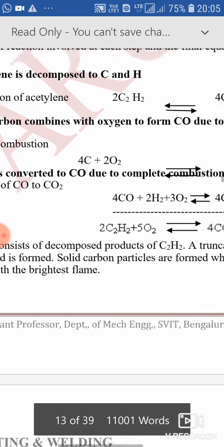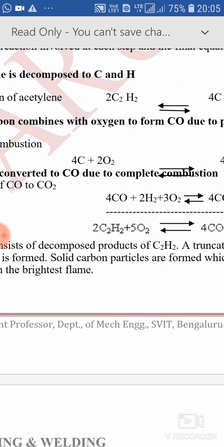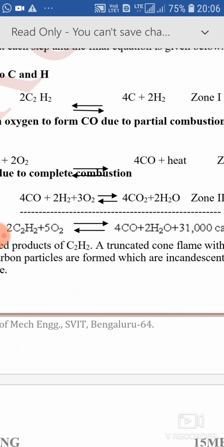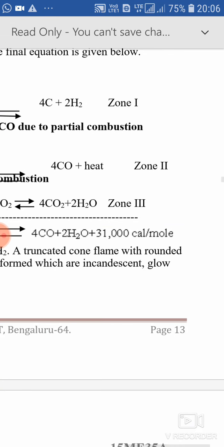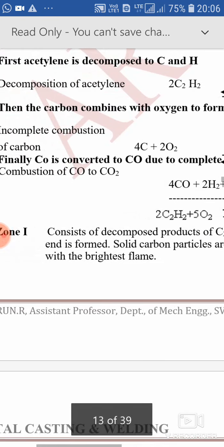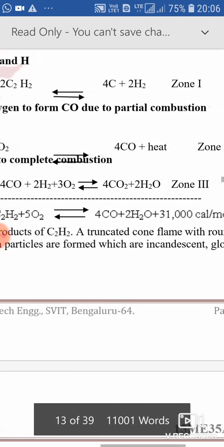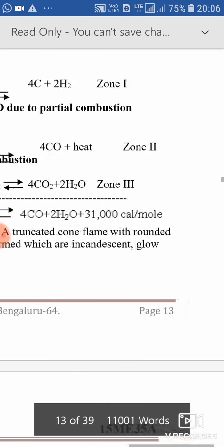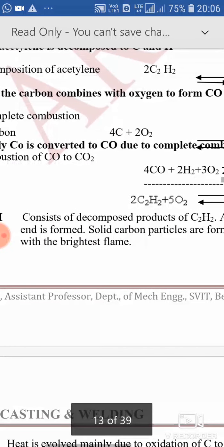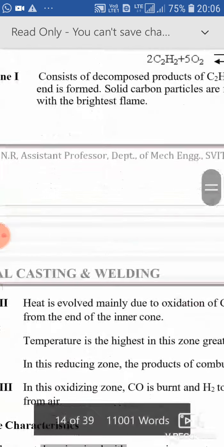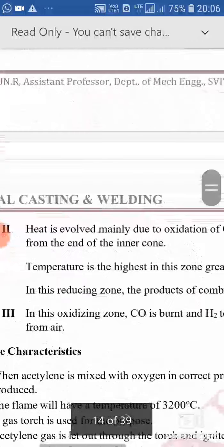Zone 1 consists of the decomposed products of C2H2; a truncated cone flame with a round end is formed, and solid carbon particles are formed which are incandescent, glowing with a bright flame. Zone 2.